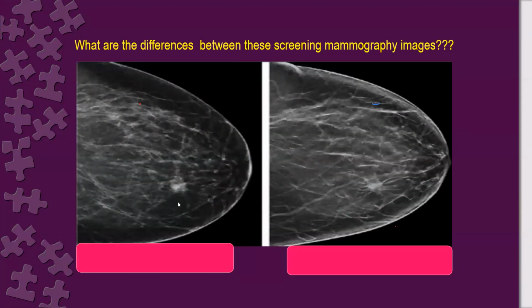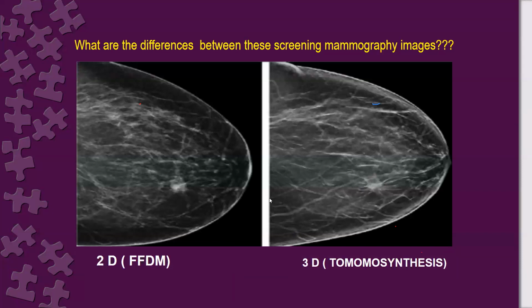The difference between these. The left one is digital, yes, 2D. Okay, and this one is tomosynthesis. Yes, look, this is tomosynthesis. Look for this, and what is the difference in these lesions?